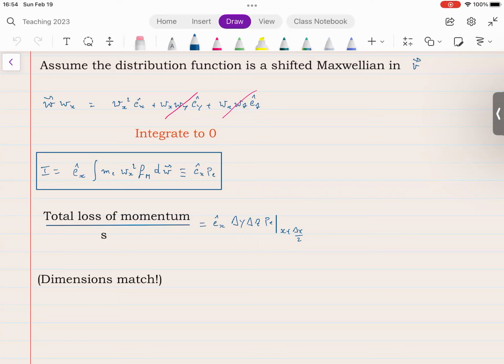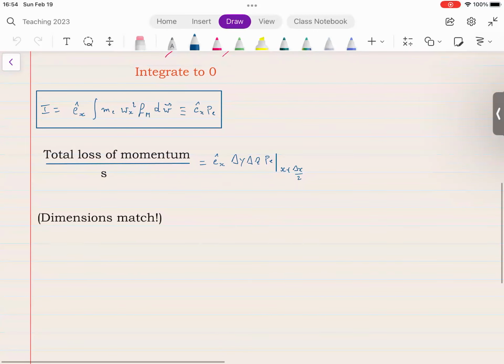Okay, then we're pretty much at the end of what we need to do. The next step is to repeat the calculation on the opposite side. Now it's really the left side, x minus delta x over 2.